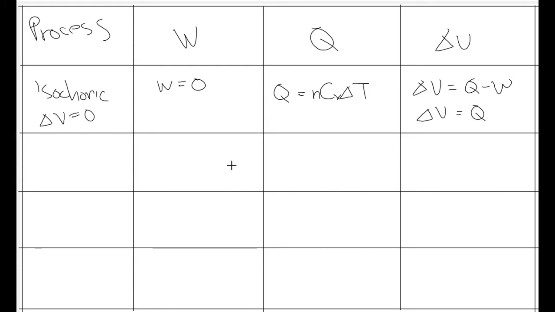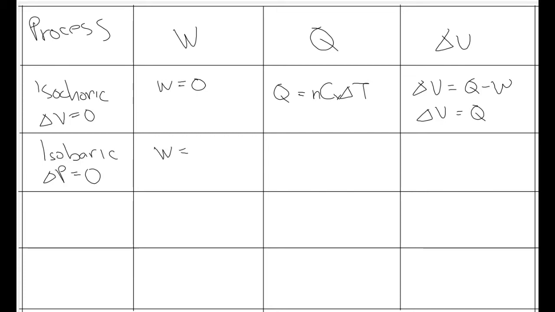And now let's talk about the next process, isobaric process. So in isobaric process, the pressure is constant, or delta P is equals to 0. So in work, we can use this equation.